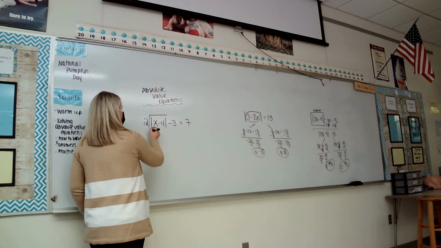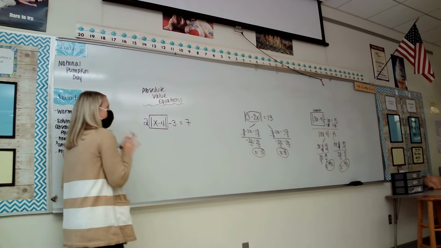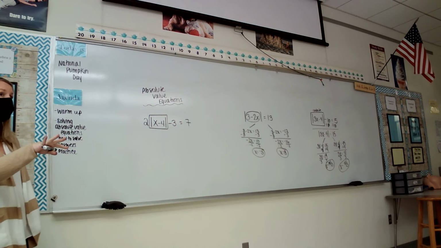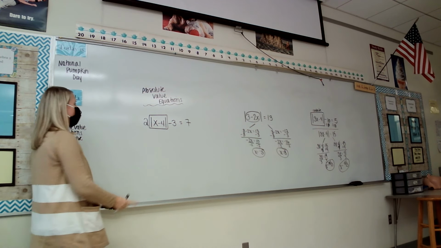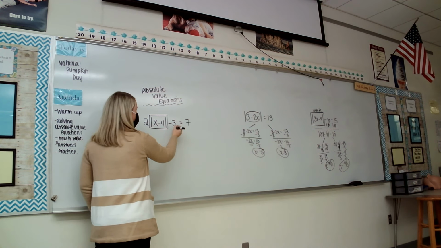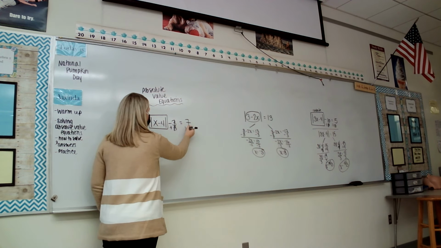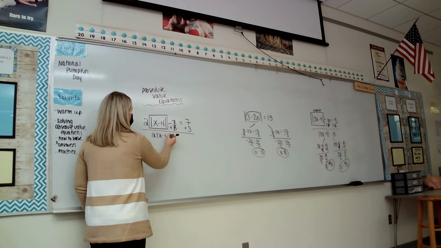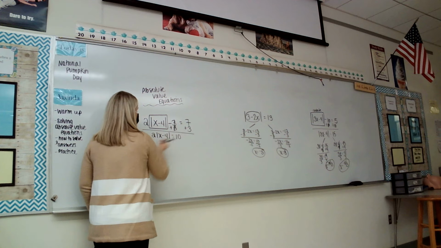So I always kind of do that to remind myself. I need to isolate that, I want that by itself. So something's out on the outside of it, I need to move it. And just like a normal equation, this says 2 times the absolute value, and then -3. I'm always gonna add first, we always move our constant first. Okay. So we have 2 times the absolute value of x minus 4 equals 10.